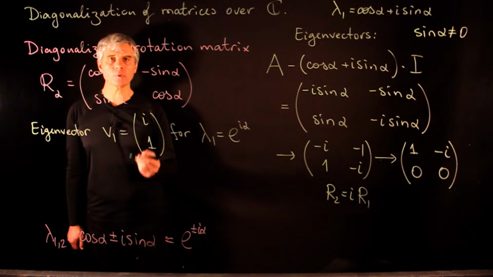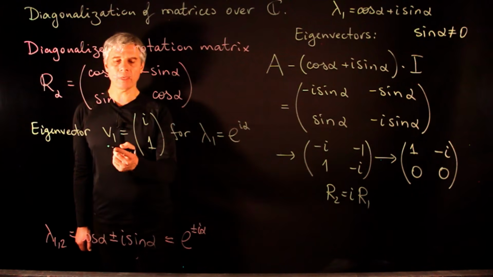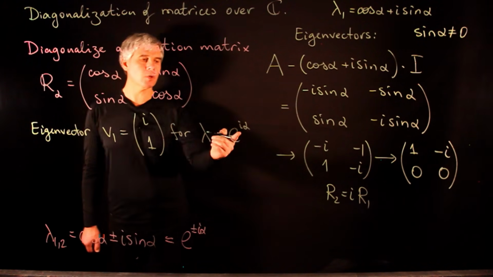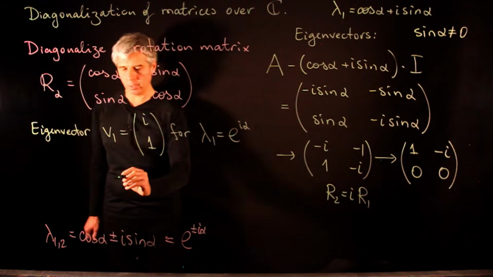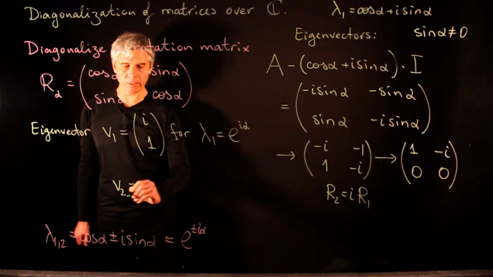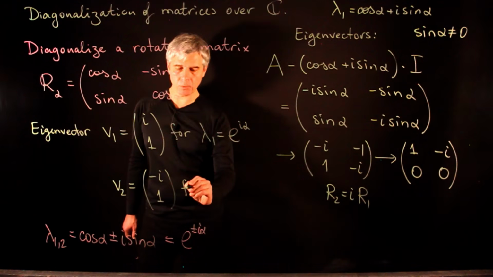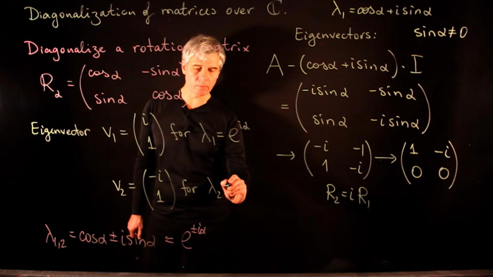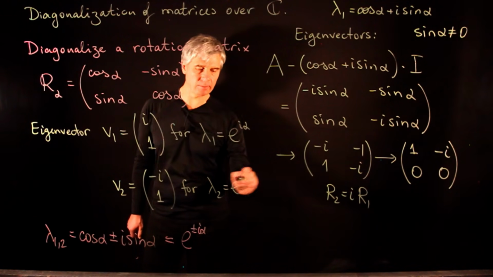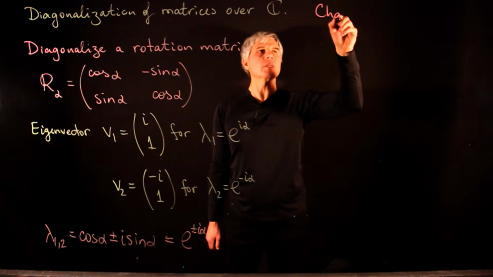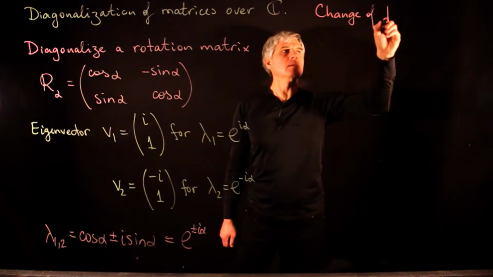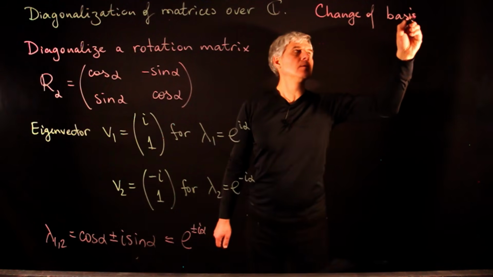And applying complex conjugation, we get the second eigenvector for the conjugate eigenvalue. So the second eigenvector will be (−i, 1). This is for eigenvalue lambda 2, which is e to the −i alpha. Now we can form the change of basis matrix.